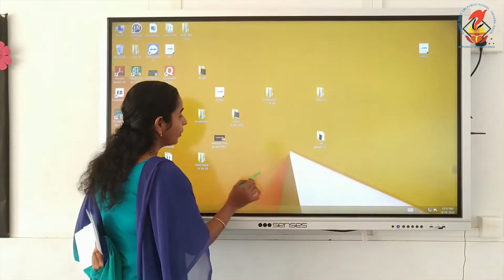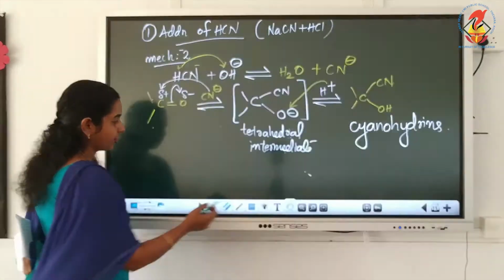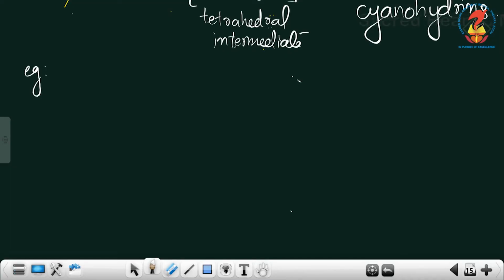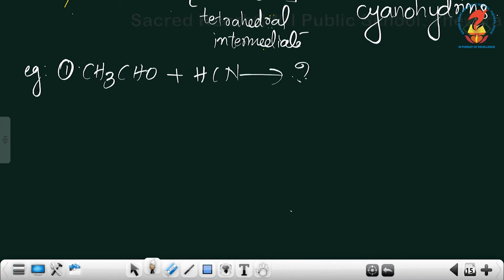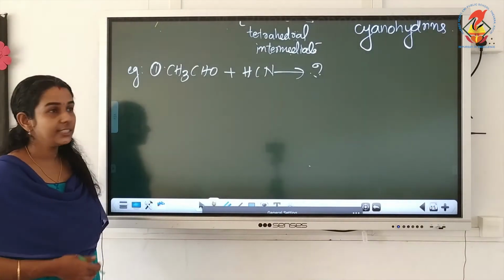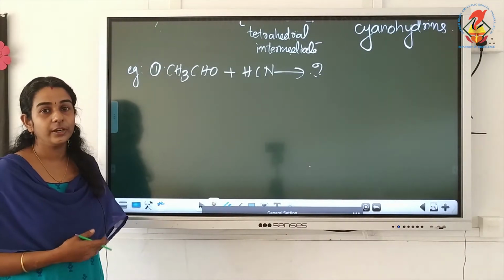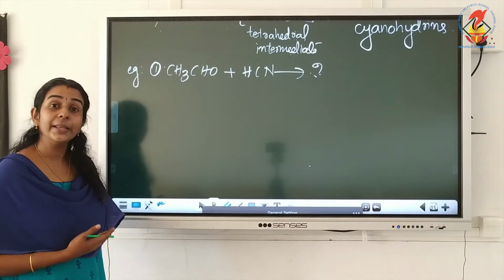Now we will see a few examples of this reaction. First one, the question will come like this: CH3CHO plus HCN gives dash. This is a usual pattern coming for the board exam, that is, complete the following.